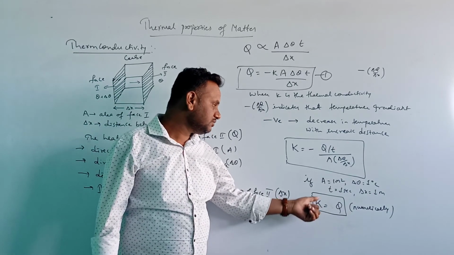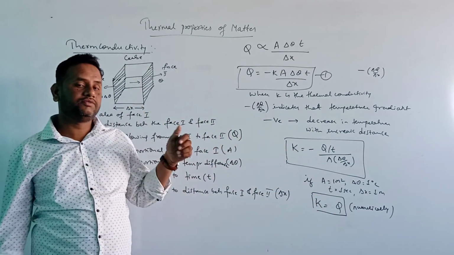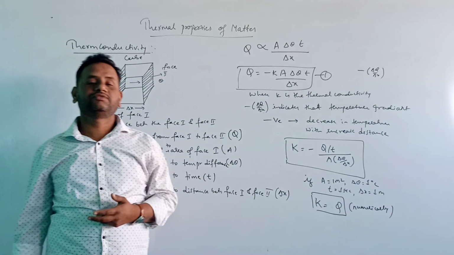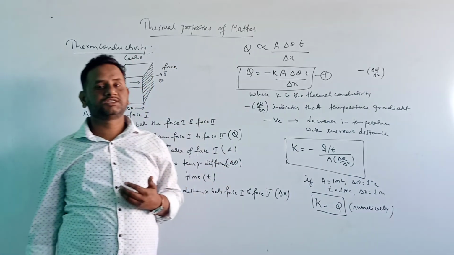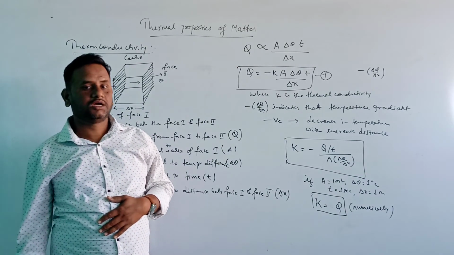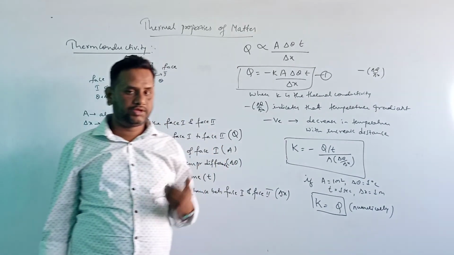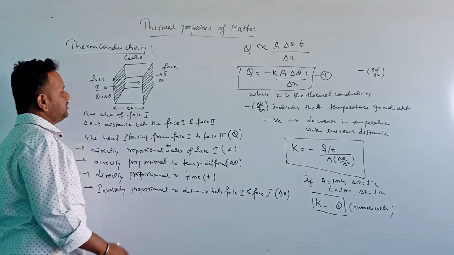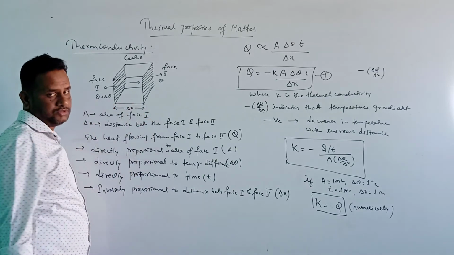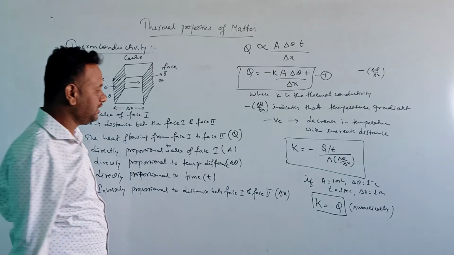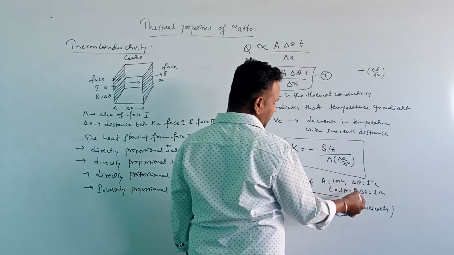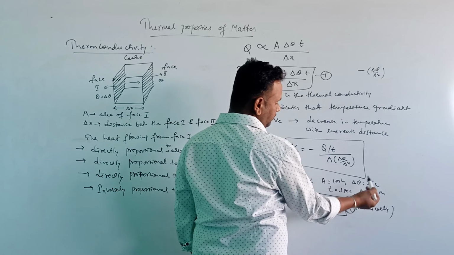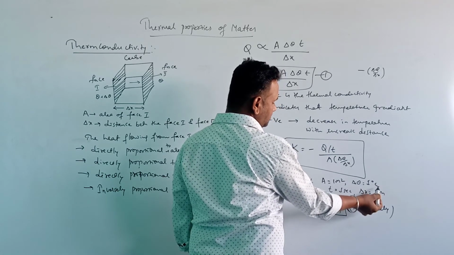So how can we define this thermal conductivity? It is the amount of heat energy flowing across a distance of 1 meter when the temperature difference between phase 1 and phase 2 is 1 degree Celsius.